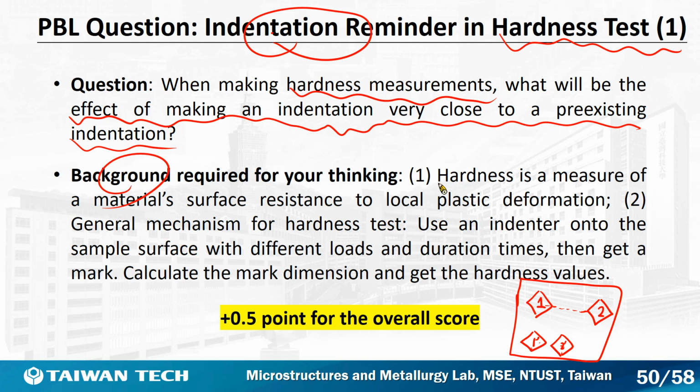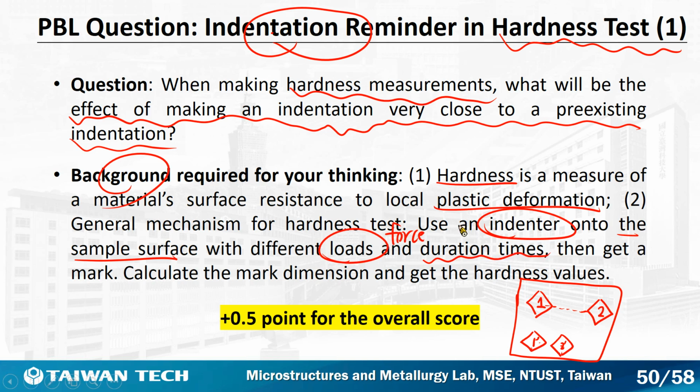So first, hardness is a measure of material surface resistance to local plastic deformation. The mechanism is we use an indenter, usually diamond. We use this indenter to press on the sample surface with different load or force for a certain time.